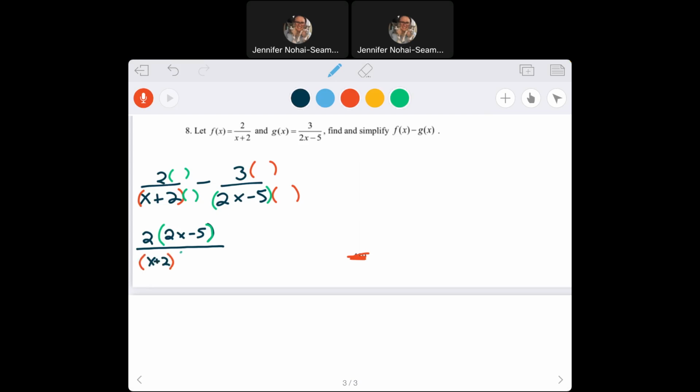And then I also have the 2x minus 5, just like that. And then in the other fraction, I have the 3 in the numerator, and also the x plus 2. And then in the denominator, I have the 2x minus 5 and the x plus 2.